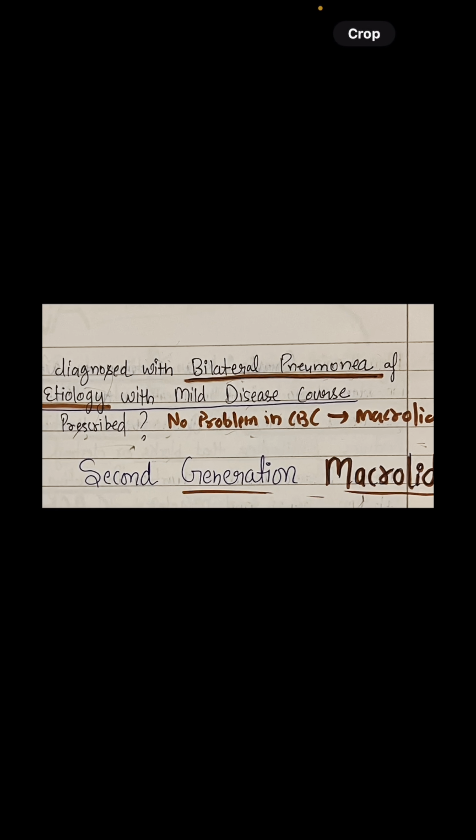And when there is no problem in the CBC, like the question explains, a 12-year-old child diagnosed with bilateral pneumonia of mycoplasma etiology with mild disease course, what drugs must be prescribed? The question didn't tell about any problem in the CBC, so go with the second generation macrolides.